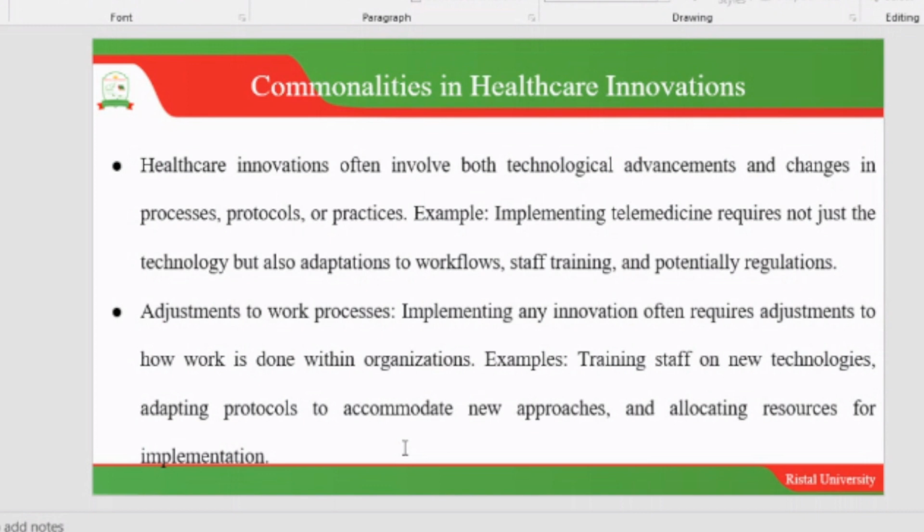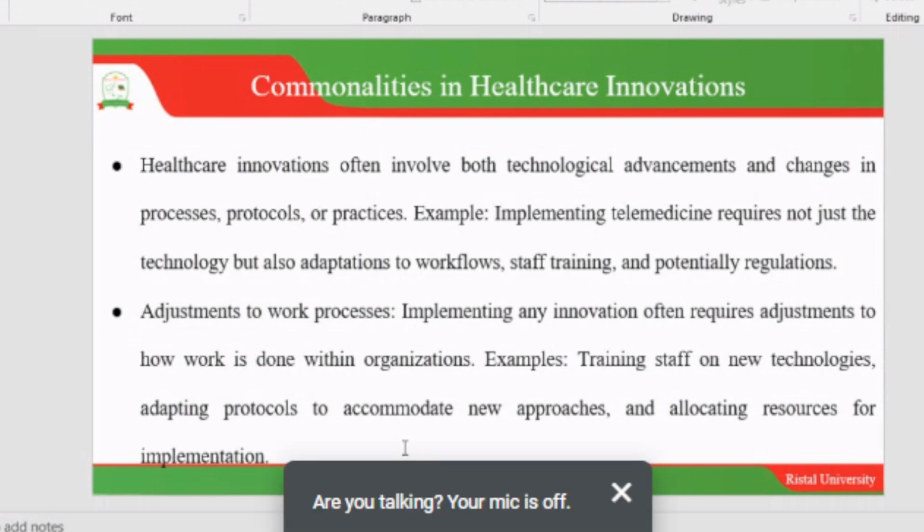You need to allocate resources to the development of that application, first of all, to the maintenance, to the administration, the repair of that software, and the devices that are going to be used. So all that needs resources, and it has to receive the attention that it deserves for us to have a better healthcare innovation.